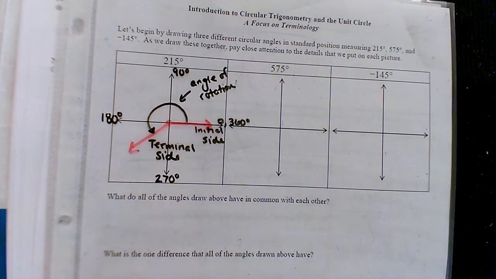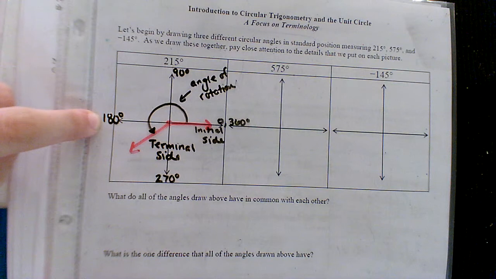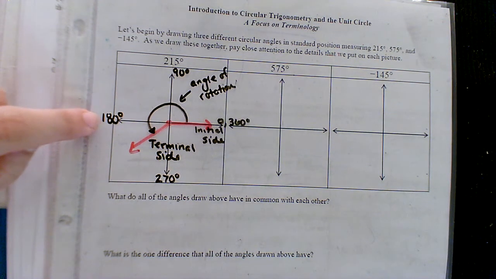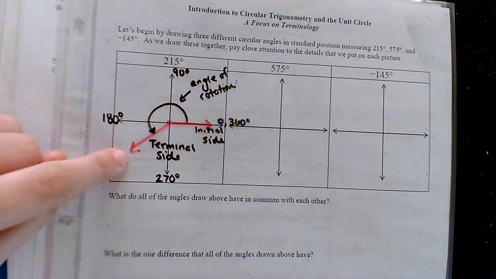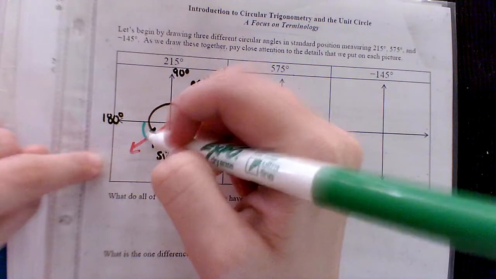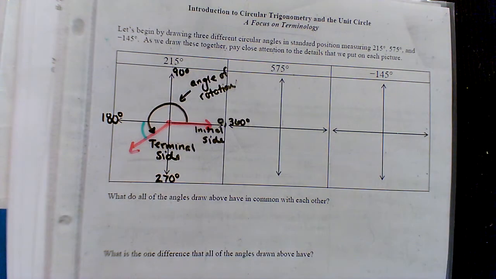Let's see if we can figure this out. If this x-axis has a 180 degree measurement, because you would do a half of a circle, how far are you away from this 180 if you ended at 215? What is this little angle in there? Can we figure that out?